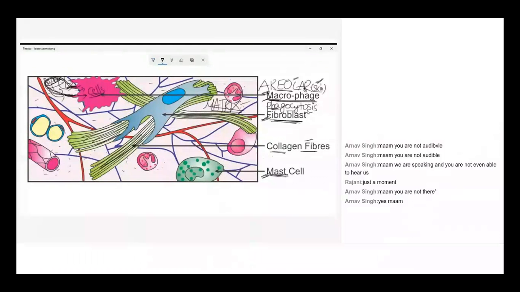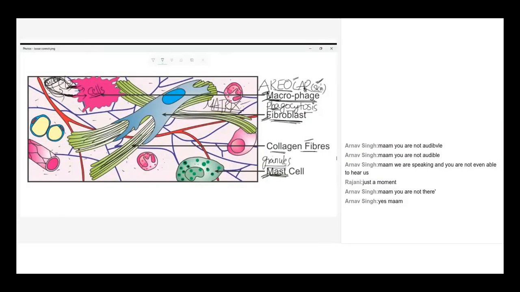Then the mast cells are something like this. There are some dotted structures inside the mast cell, if you see the diagram here. The mast cells possess some granules, and the granules will be released during allergic reactions.